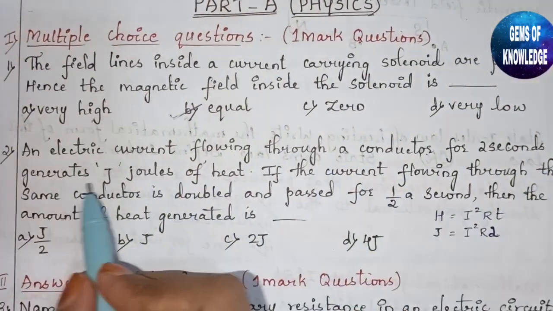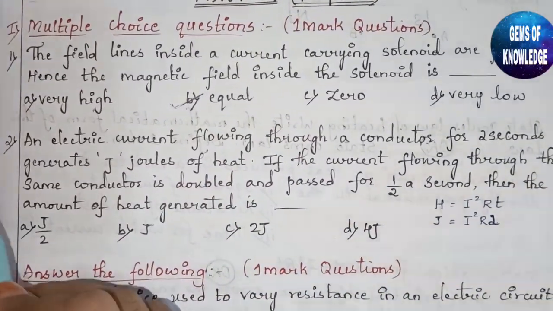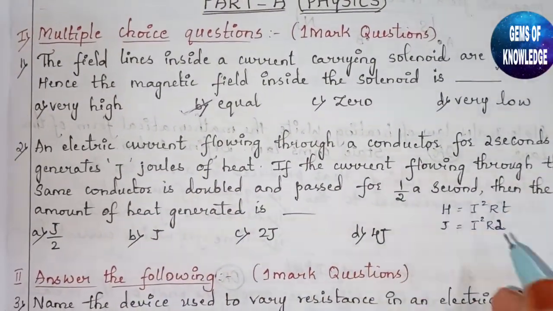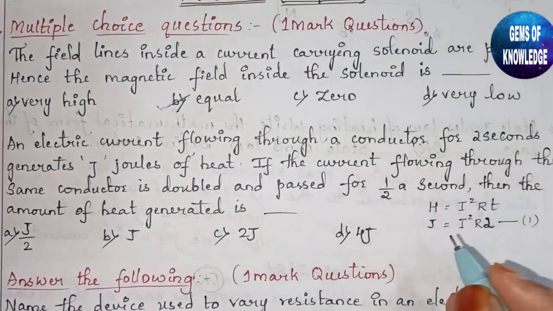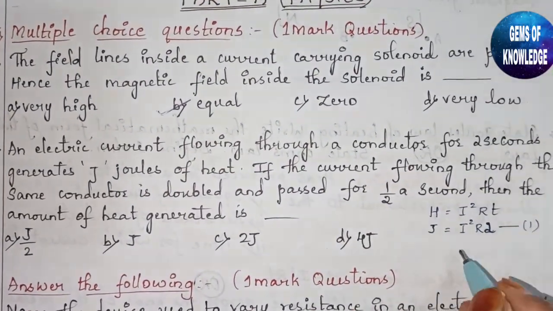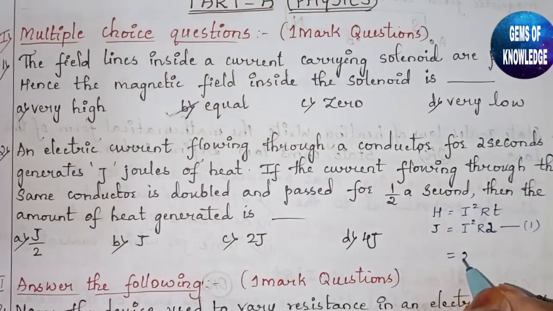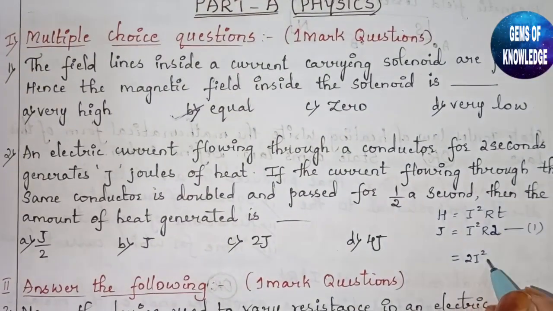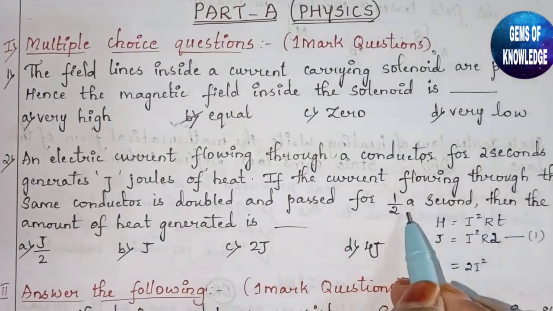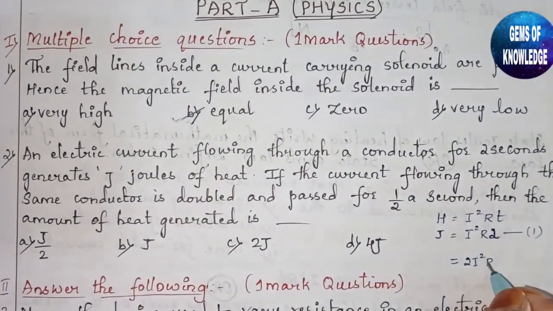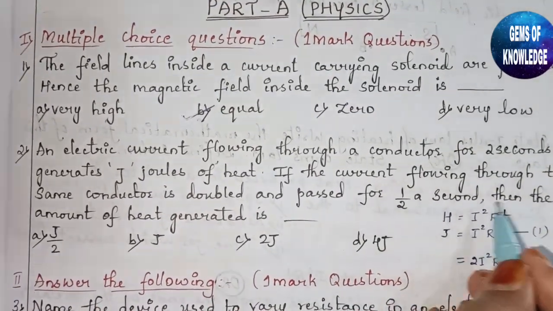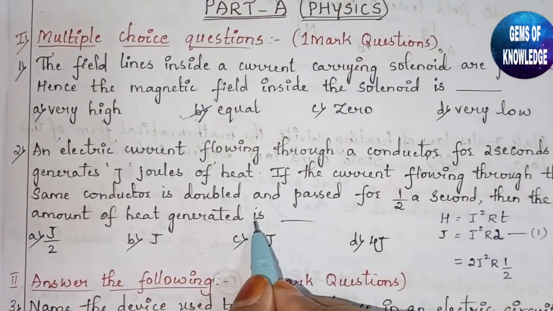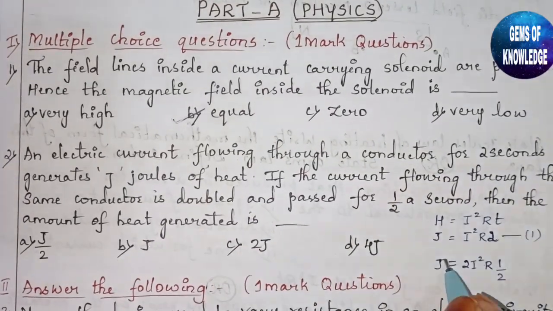Now if the current flowing through the same conductor is doubled, doubled means (2I)², and it is passed for half a second, so in place of time it will be 1/2. Then what is the amount of heat generated?